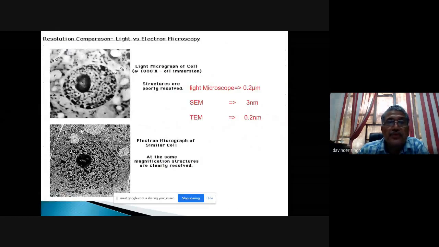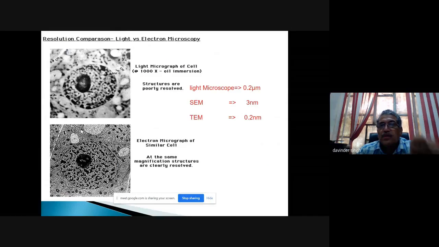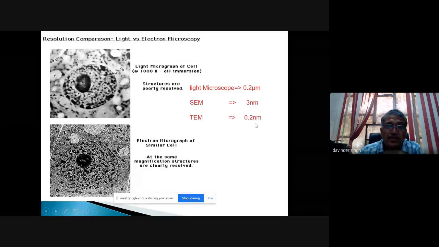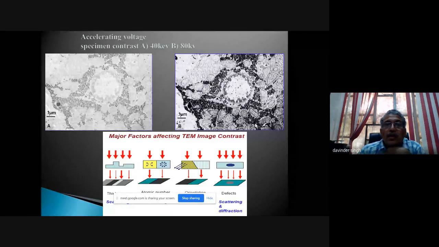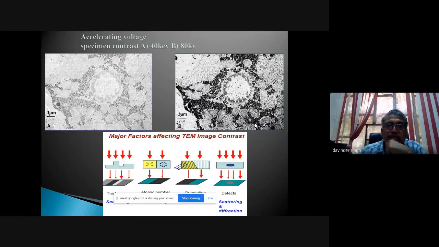Okay, so sample preparation. Just an example, maybe the resolution. For SEM, it is 3 nanometer, but up to 0.2 nanometer you can get very easily. And there are some problems with this, meaning how we can get some defects.